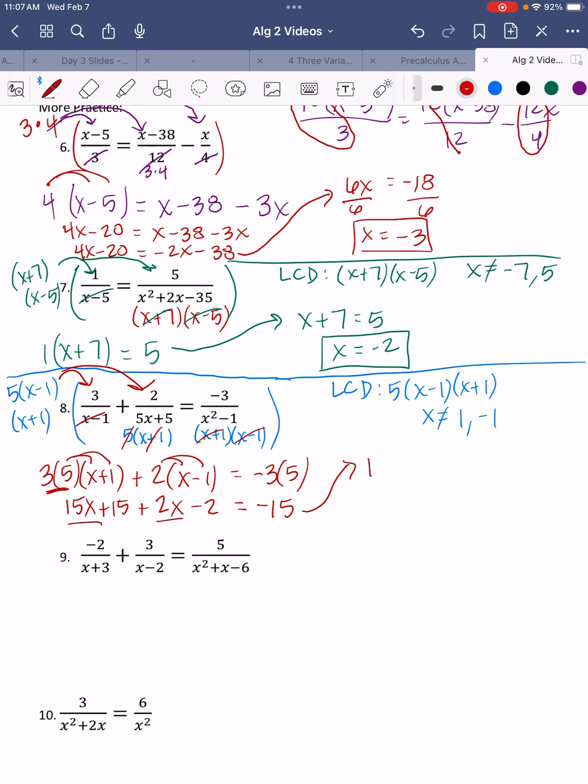I have 17x plus 13 equals -15. I'm going to subtract 13. 17x equals -28. We don't get a warm fuzzy feeling from this answer, but we did not do anything incorrectly. So it's okay to get a rational answer.